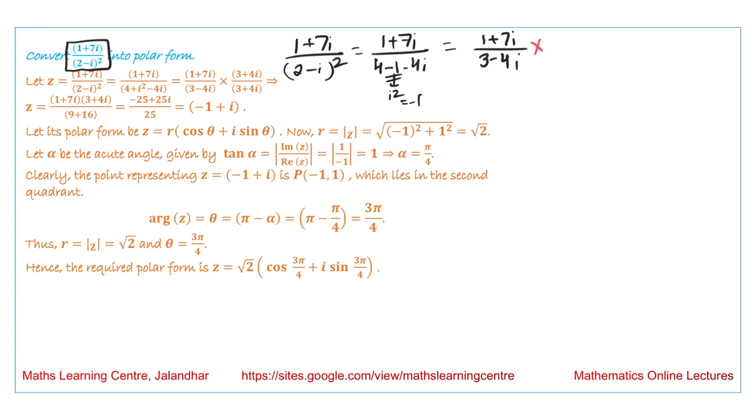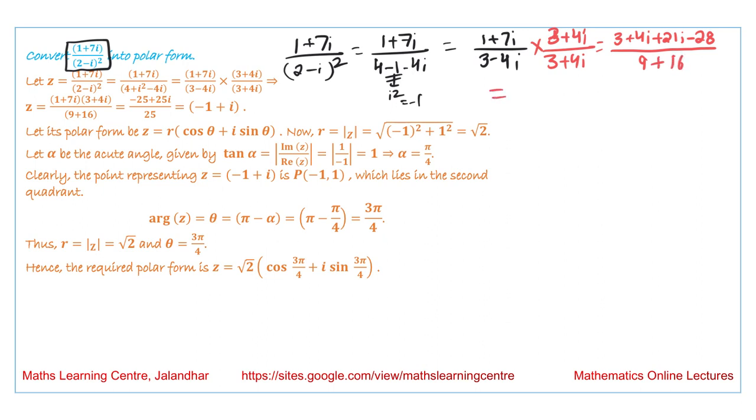To simplify this, we multiply and divide by 3 plus 4 iota. So the answer we get is equal to 3 plus 4 iota plus 21 iota minus 28, divided by 9 plus 16.